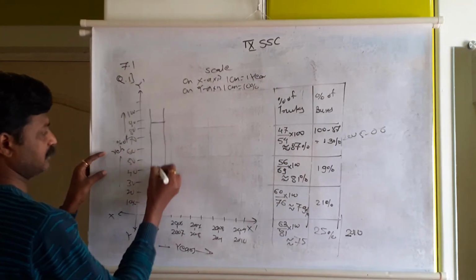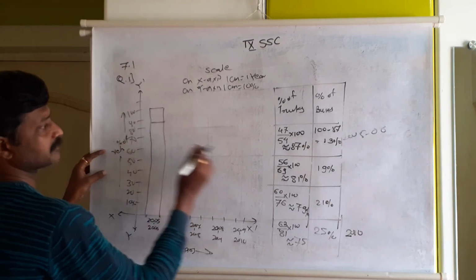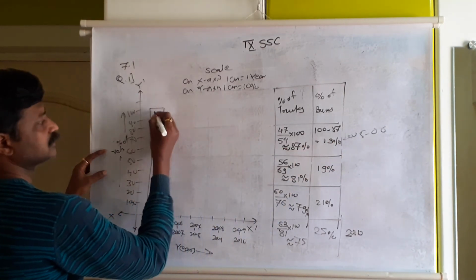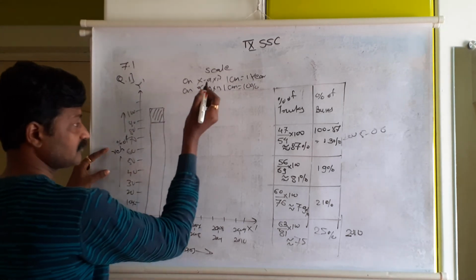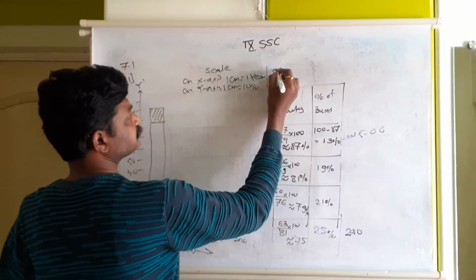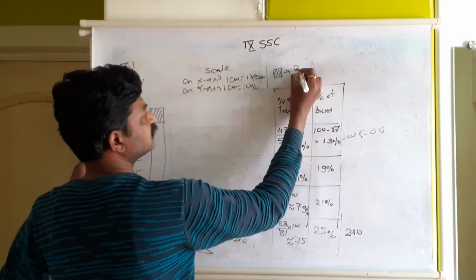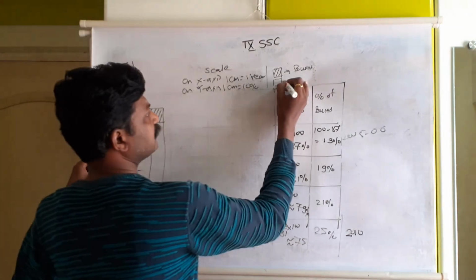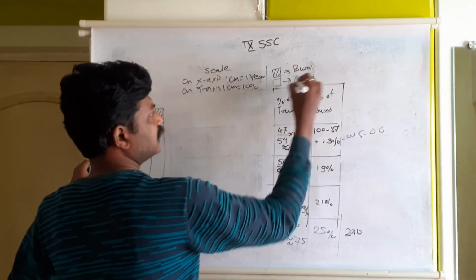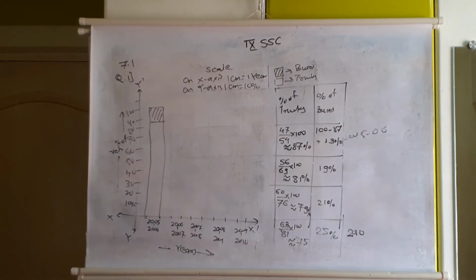So this 87% is for trucks, and the remaining 13% is for buses. We will use this shade for buses, that also needs to be mentioned. This we are considering for buses, and this portion like this will be for trucks, to understand it better.